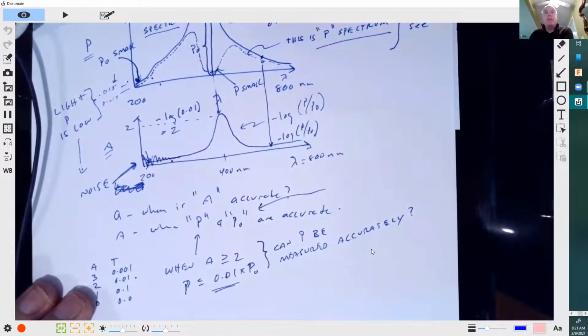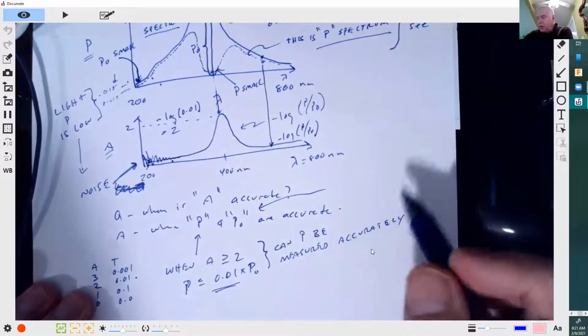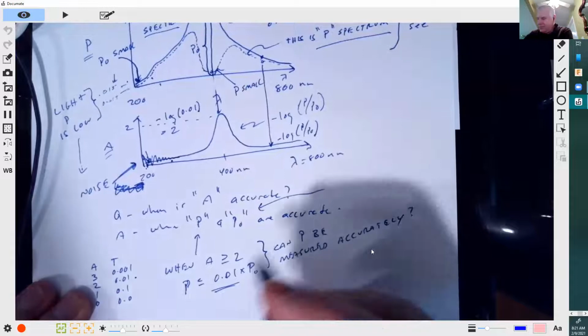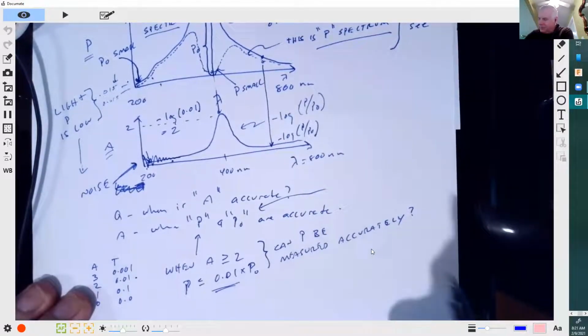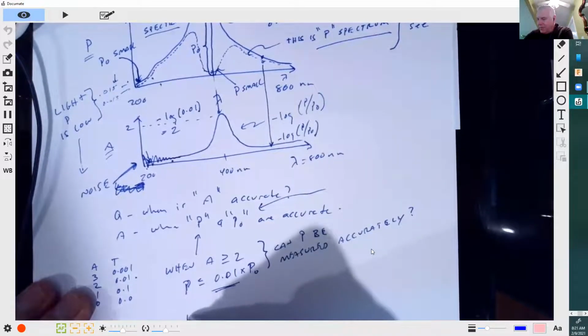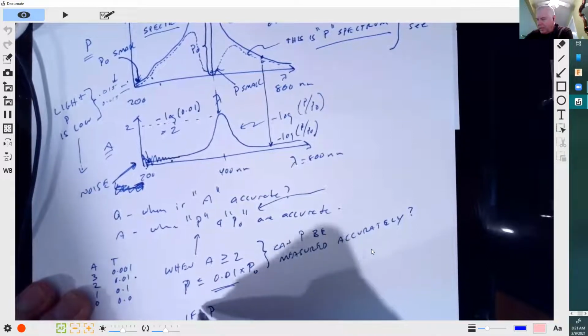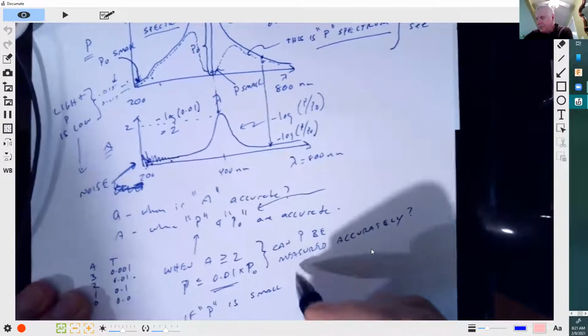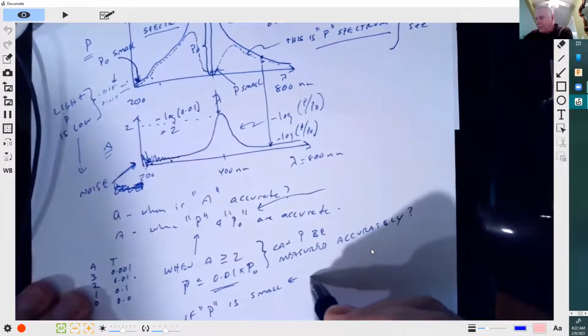Both are generally bad for making absorption measurements. And if P is small, that's also bad.